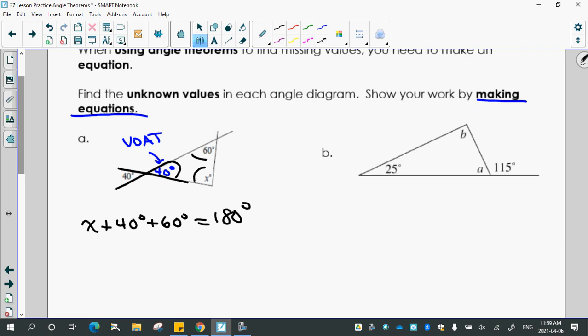So there's an equation I can make. The three angles in a triangle add up to 180. Okay, and the theorem that says the angles in a triangle add up to 180 is ASTT, angle sum triangle theorem. You can look that up in your chart. I don't expect you to have them memorized. You have the charts to work from.